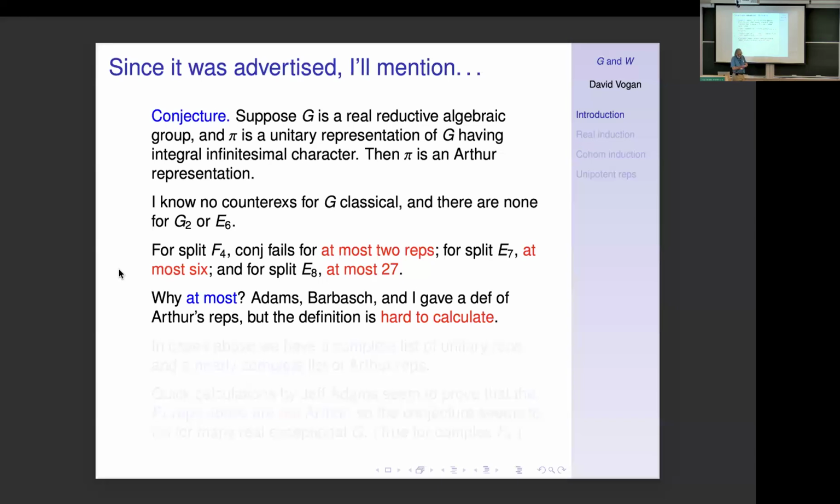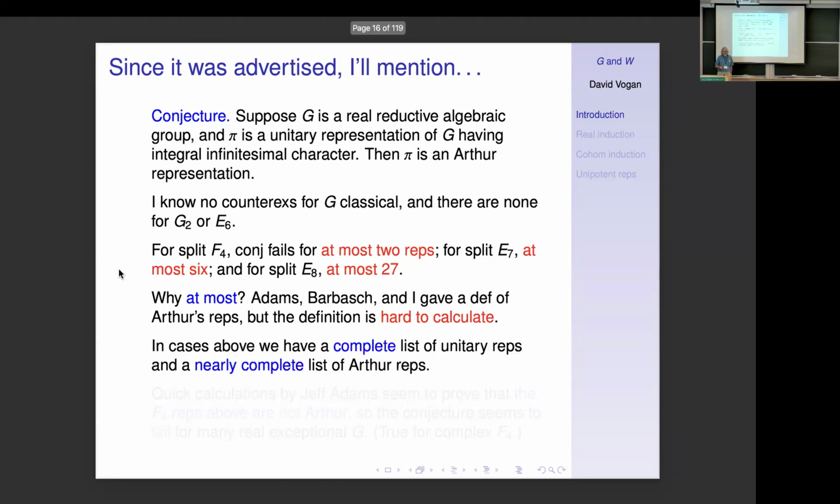And then I can ask it, tell me all the unitary representations, and compare the lists. And there are these two that are missing. But we don't absolutely know that they're not Arthur. As I say, we have a list of Arthur's representations that's nearly complete.